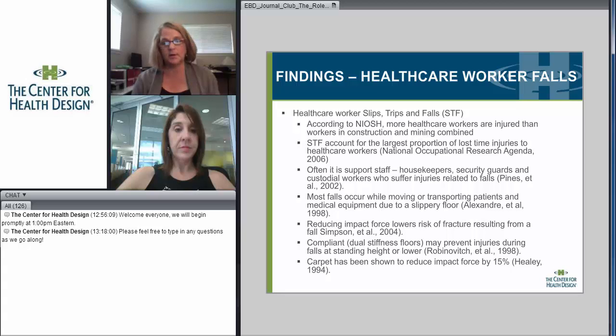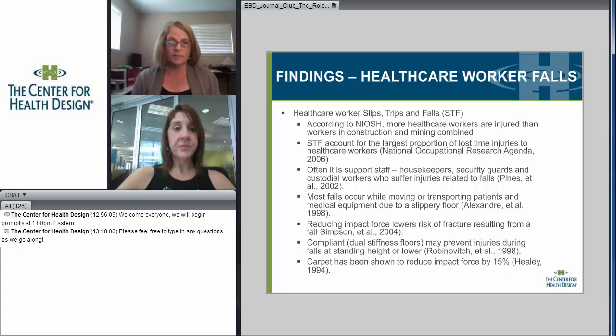We think about construction and mining being really dangerous jobs, and in fact they really are. But it's kind of crazy because we have a real problem in keeping healthcare workers safe and healthy so that they can contribute to the quality of care that we want to have in our healthcare facilities.